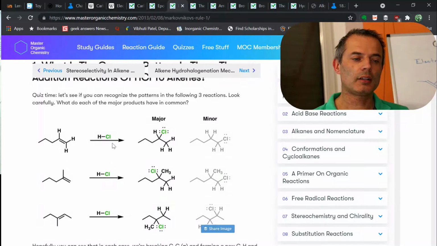If we add hydrochloric acid, in this case, to this double bond, we see the chloride ends up on the secondary carbon, and the hydrogen ends up on the one that is the primary position.